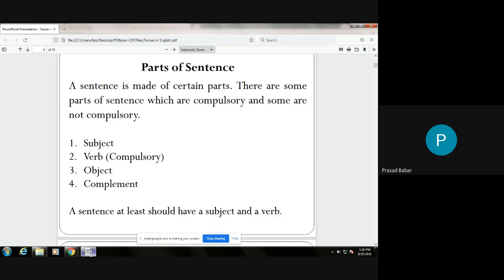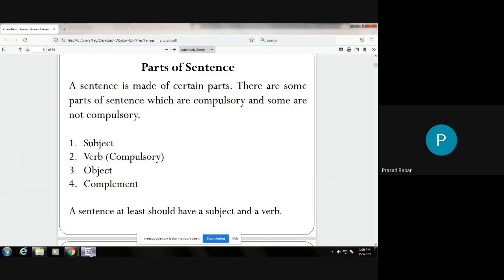But subject, object and complement are the non-compulsory parts of a sentence. If we are using subject plus verb, it can be a meaningful sentence.